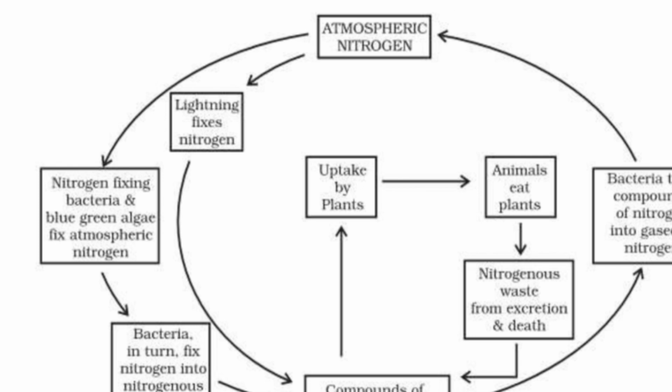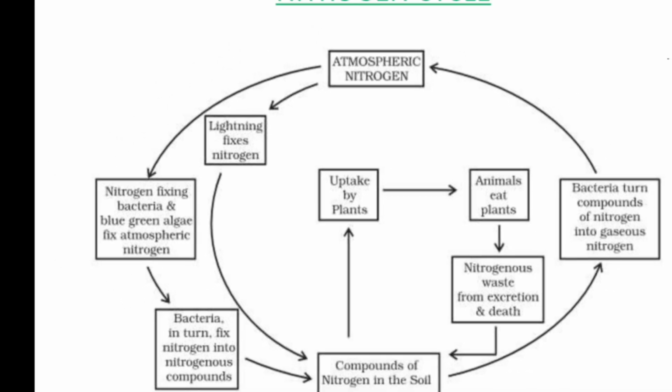In the outer cycle, first we discuss that atmospheric nitrogen is fixed by nitrogen fixing bacteria. Which bacteria? Rhizobium bacteria. This rhizobium bacteria fixes atmospheric nitrogen into nitrogenous compounds, that is nitrites and nitrates.